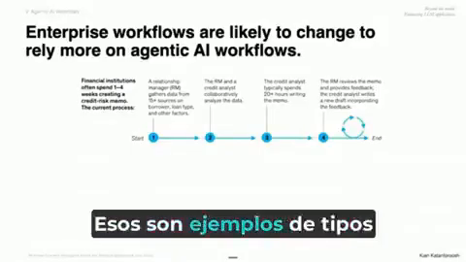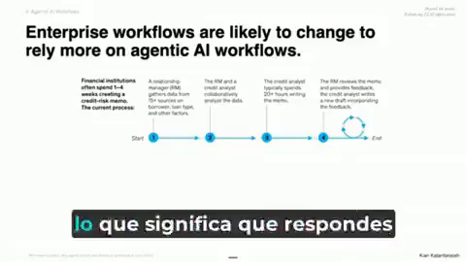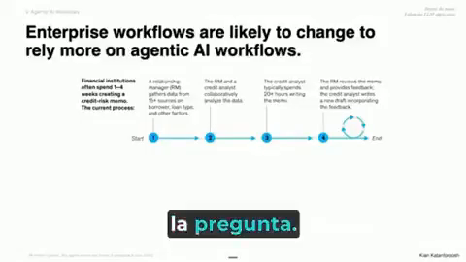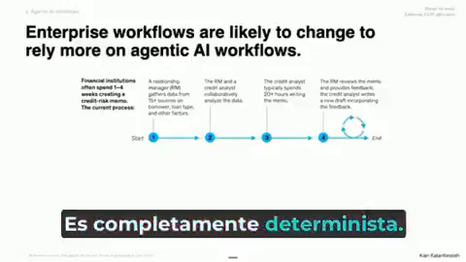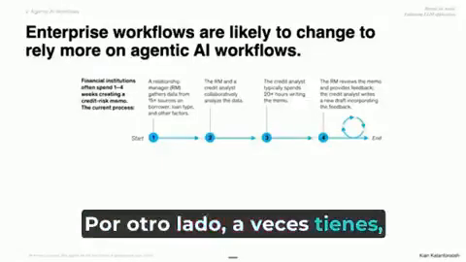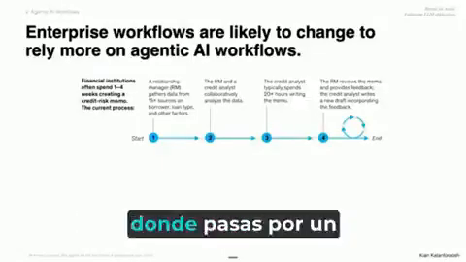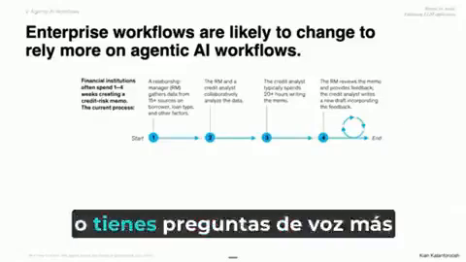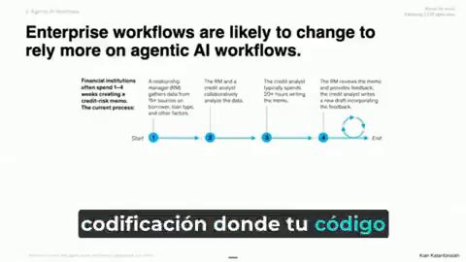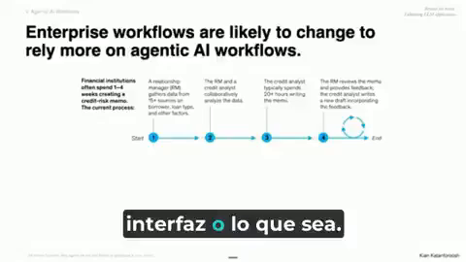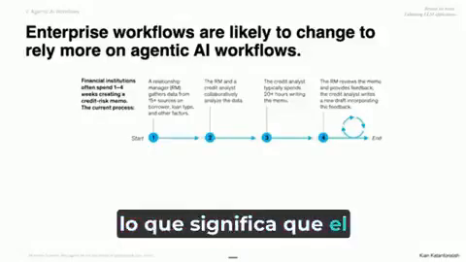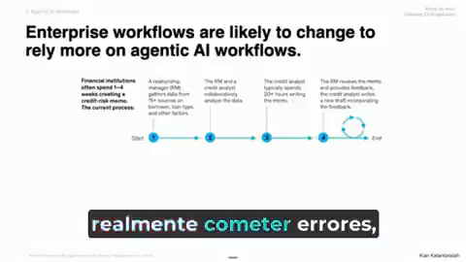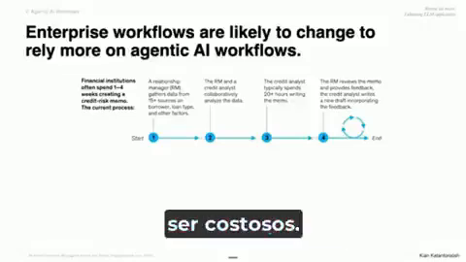Those are examples of deterministic item types, meaning on a multiple choice there's one correct answer, it's fully deterministic. On the other hand, you sometimes have voice questions, where you go to a role play, or voice plus coding questions where your code is being read by the interface. Those are fuzzy, meaning the scoring algorithm might actually make mistakes, and those mistakes might be costly.